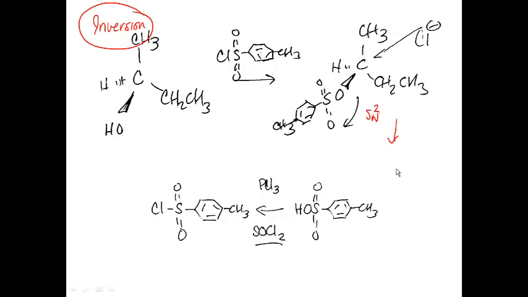So I'm going to end up with a product that looks like this. If this one started out S, then the final product is going to be R. So we can use the tosylate ester and the fact that we're going to do SN2 to do inversion 100%.